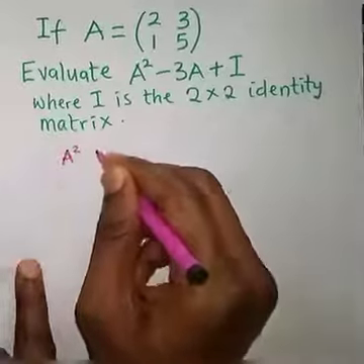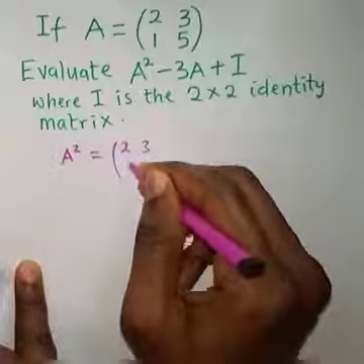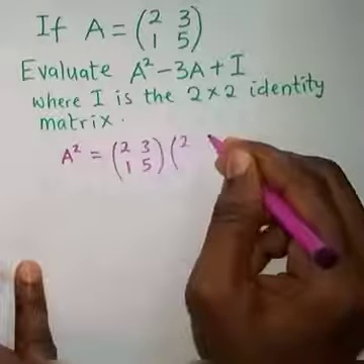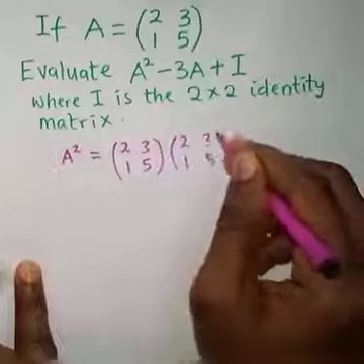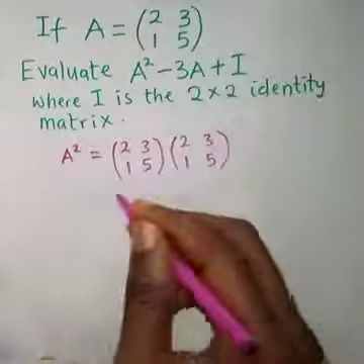Now A squared equals [2 3; 1 5] times [2 3; 1 5]. So we multiply A by itself.